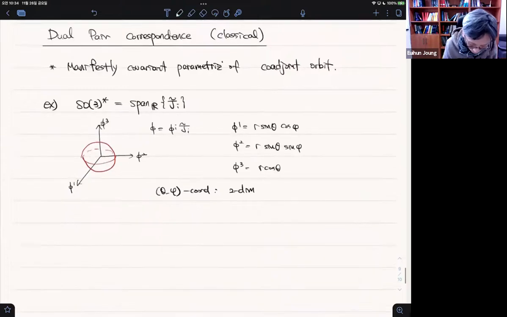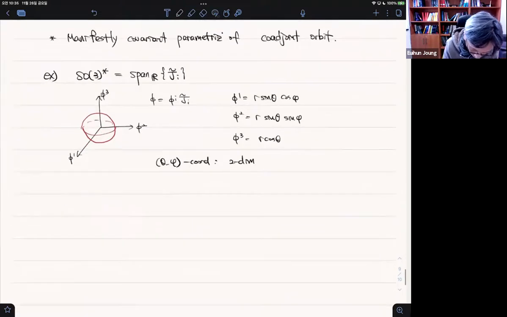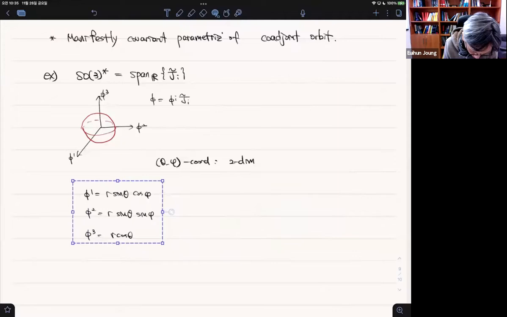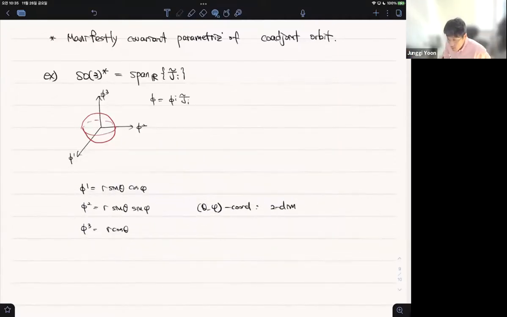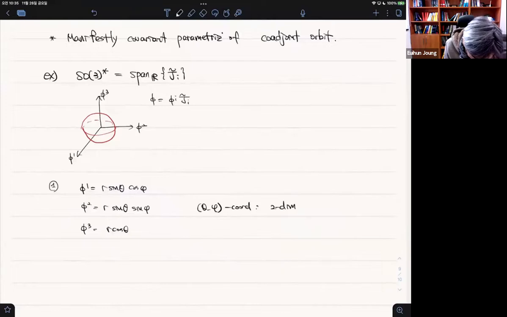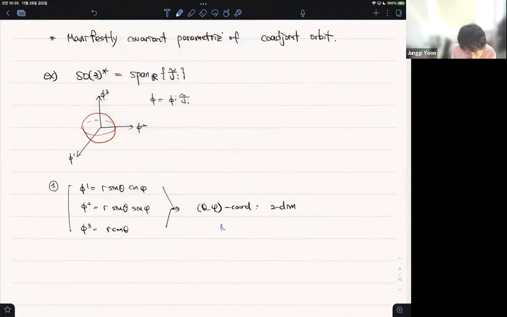So then we have another choice. Maybe let's take this example. So this is the first case, and it is not covariant.